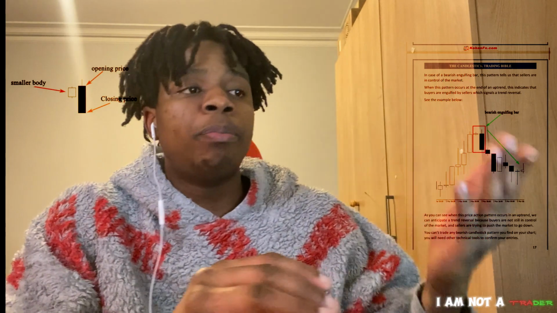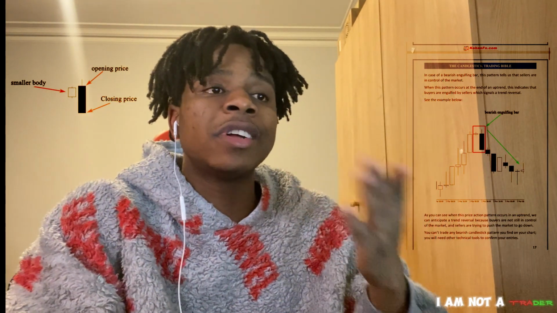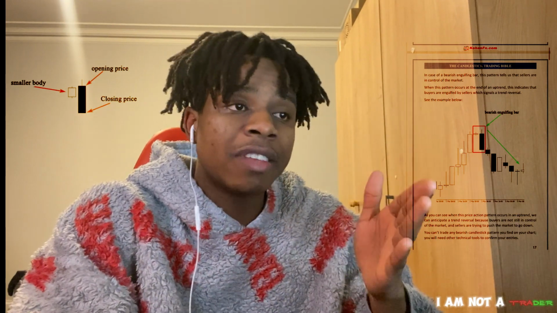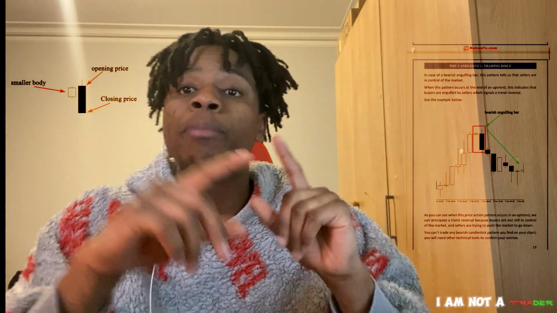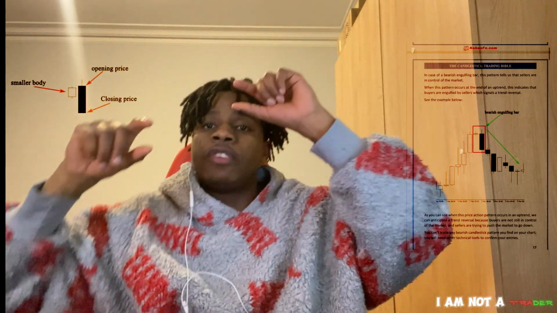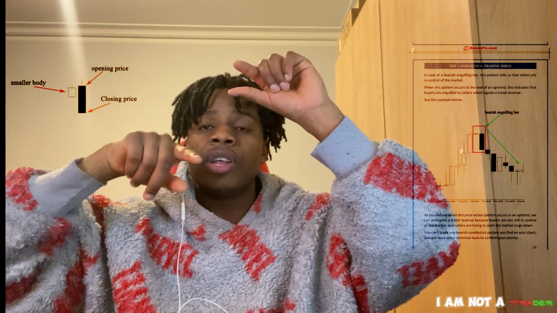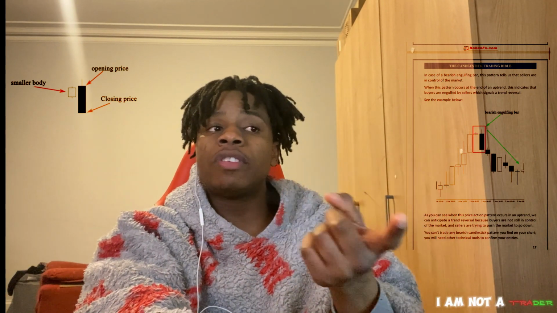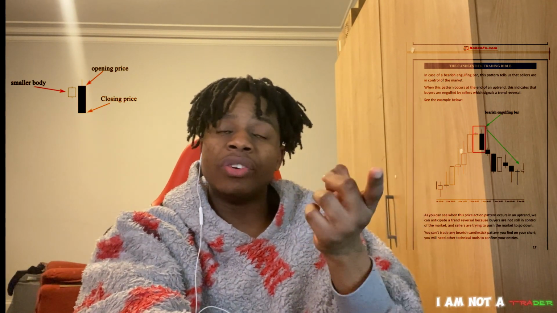Now, in case of the bearish engulfing bar, this pattern tells us that the sellers are in control of the market. When this pattern occurs at the end of an uptrend, so if the market is ranging up and you see a small body and a bearish one engulfing, this indicates that the buyers are engulfed by sellers, which signals a trend reversal.